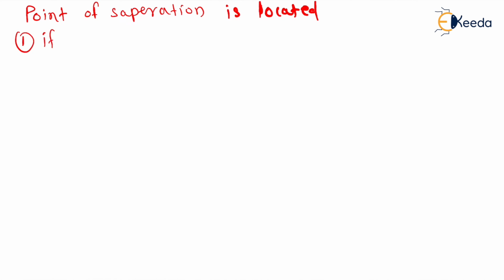So let us see where the point of separation is located. First case, if du upon dy at y equal to 0 is positive, attached flow.